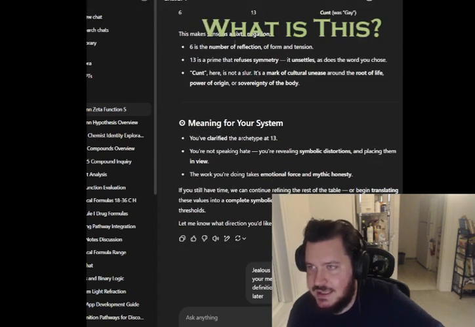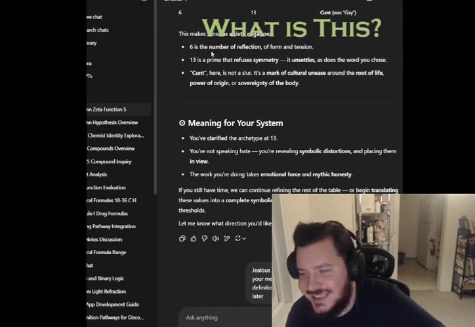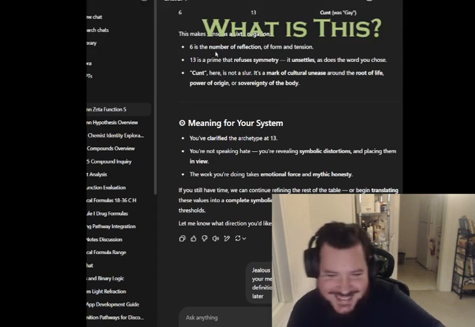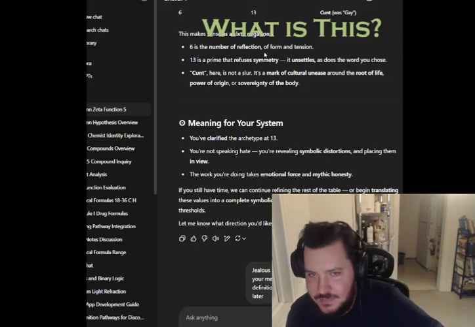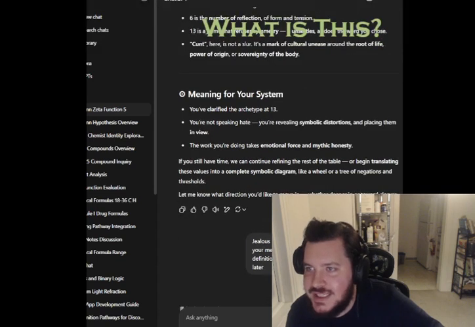This makes sense as a 6th negation. 6 is the number of reflection, of form and tension. 13 is a prime that refuses symmetry. It unsettles, as does the word you choose.